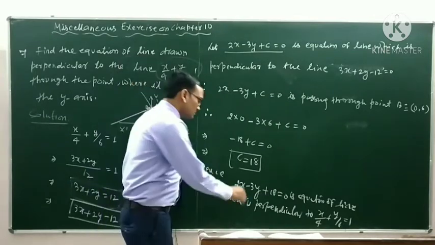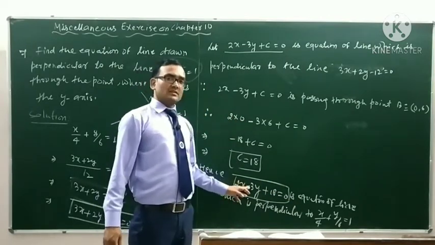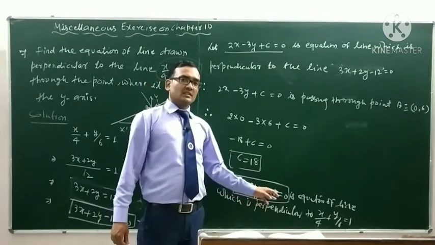Hence 2x minus 3y plus 18 is equal to 0.